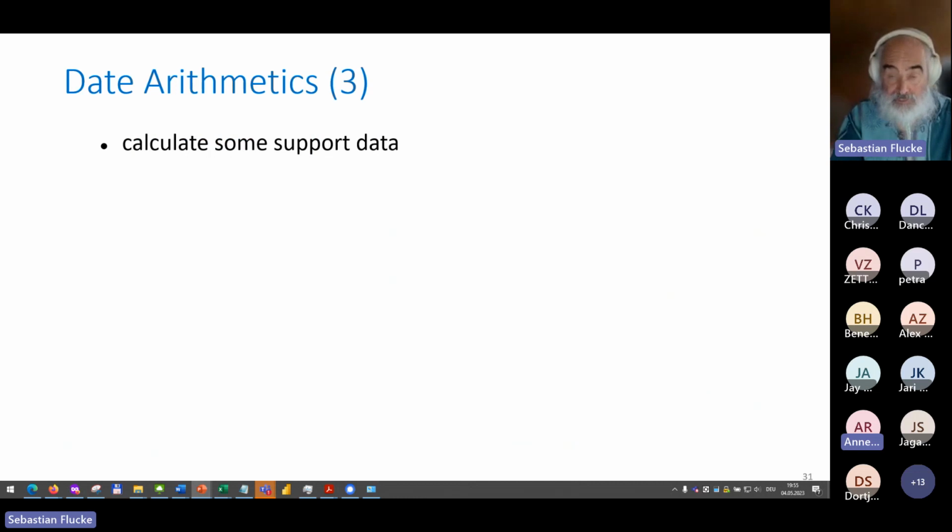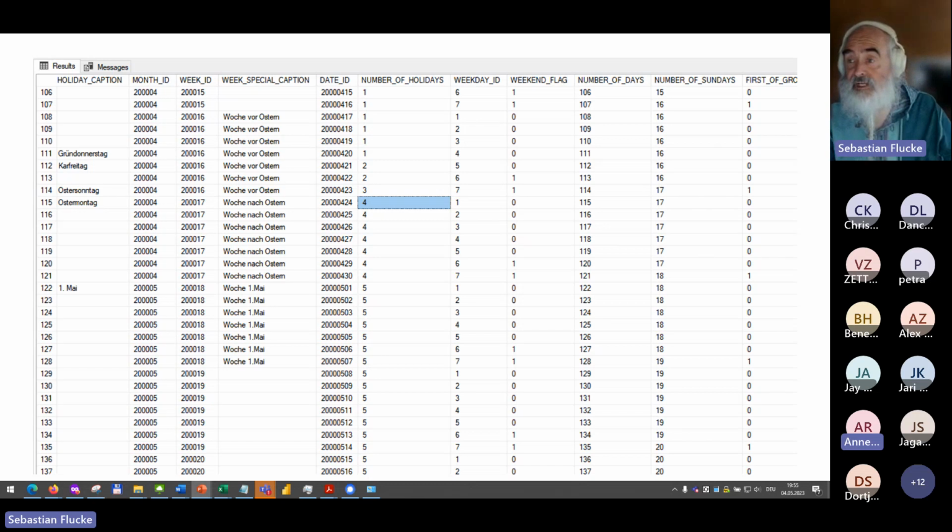For the date arithmetics, I want to mention we have to calculate some support data to make it easy to calculate that kind of business day differences. Such support data are things like that. We have the number of days. It's only +1, +1, +1, +1, +1. But we also have the number of Sundays.